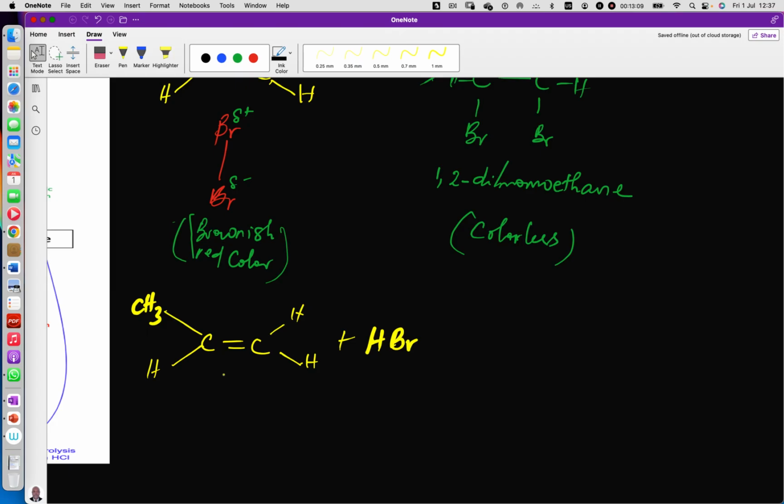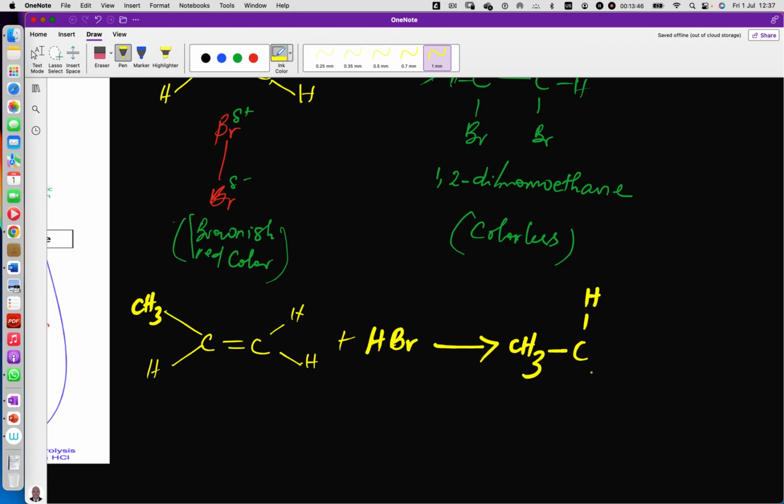So in that case, this is what we are going to have. It will now be CH3, then a carbon here with a hydrogen.